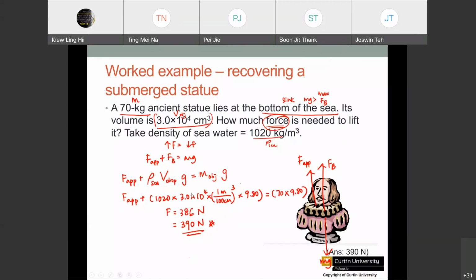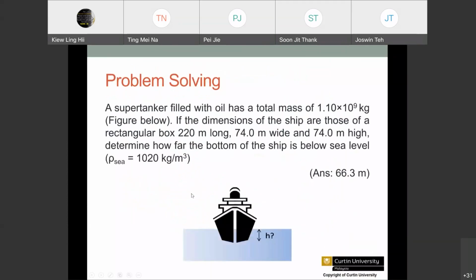Let's look at another one. A super tanker has a total mass. This is the mass of your object. So imagine the dimension of the ship. It's a rectangular box, so this is the dimension.